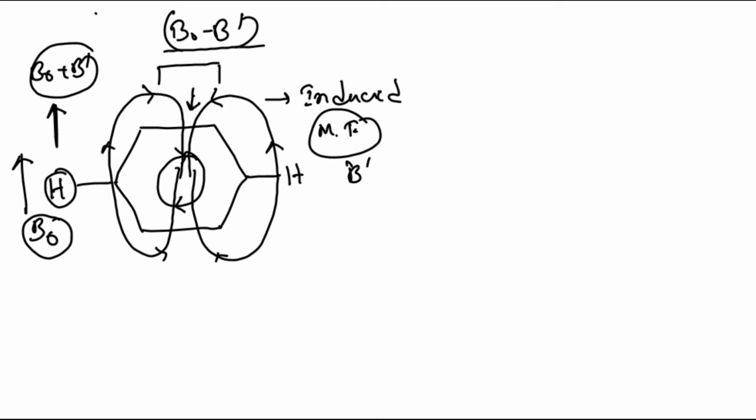Due to that reason, these hydrogens are deshielded, because they are not shielded by the electrons, the way electrons shield against the applied magnetic field. So these protons are deshielded, and if any atoms or protons are situated in this other position, they are called shielded.